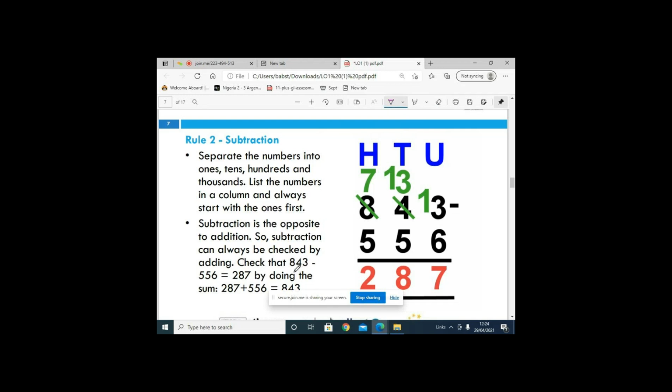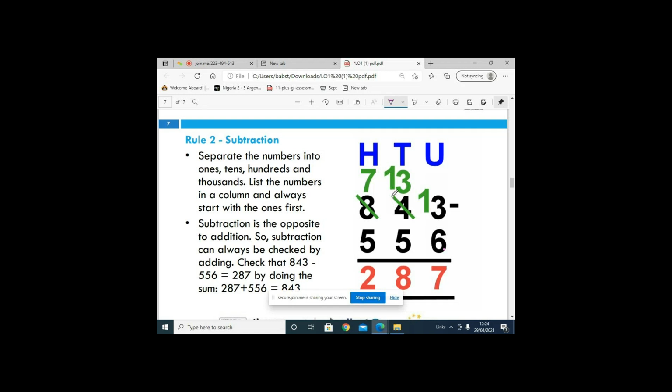So what we're trying to do basically is subtract 556 from 843. If you want to take away 6 from 3, you can't take away 6 from 3. It's impossible.